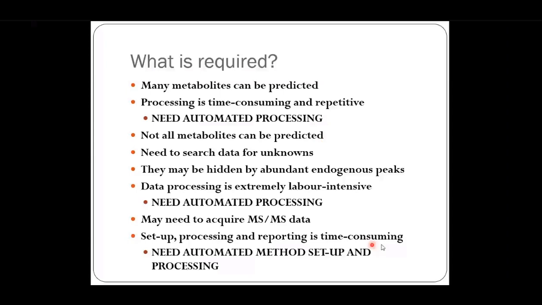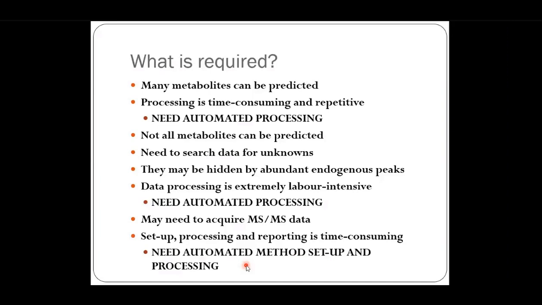So this is processing of the sample, processing of the data, and this is the instrument manufacturing automation in such a way that you can set up the process of fragmentation and analysis of those metabolites and fragments fully automatically.